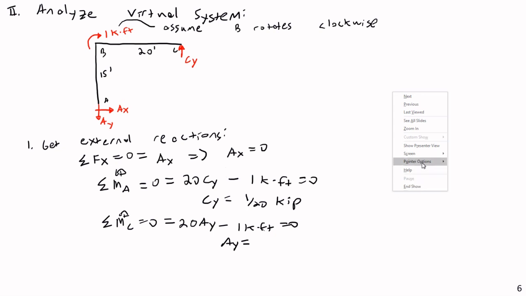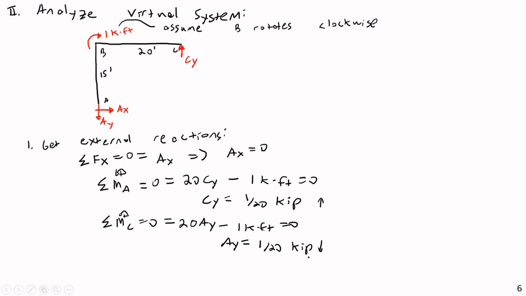So if I sum moments about joint C, AY will be generating a positive moment and the one kip foot will generate a negative moment. And so AY will equal 1/20th of a kip, which will be downward because I already have my arrow downward. So Cy is 1/20th of a kip upward, and AY is 1/20th of a kip downward. So we do have our reactions taken care of.